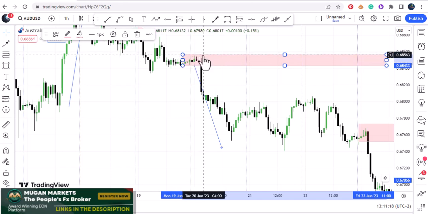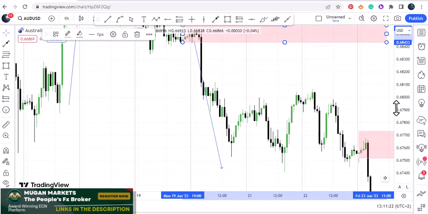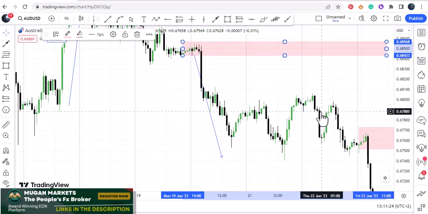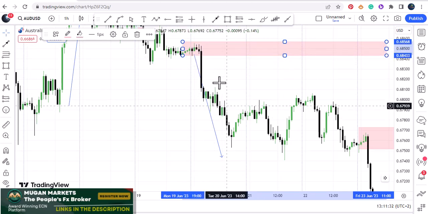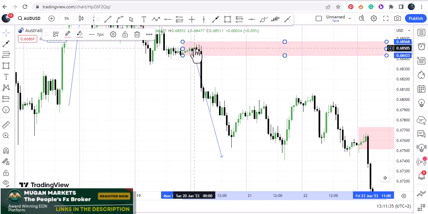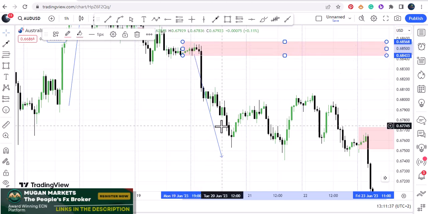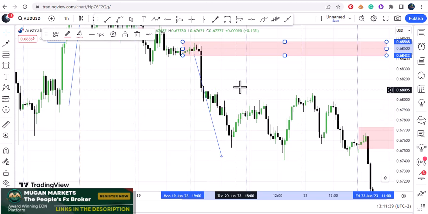So we are going to be looking for the green candle. It depends on how you have set up your chart. If you have black and green candles like me, you are going to be using the same colors, so you can relate easily with the colors that I have here. And when I say we're going to be choosing the green candle because you have had a black move, this is what I mean, right?